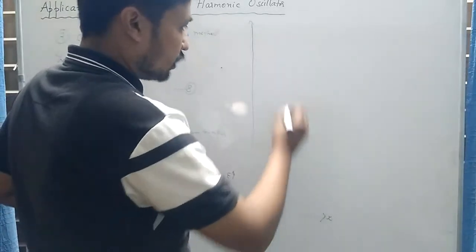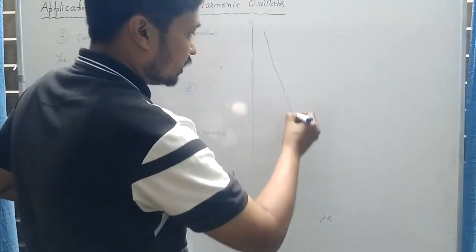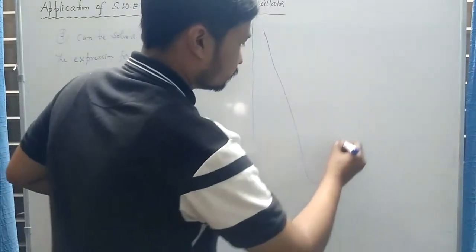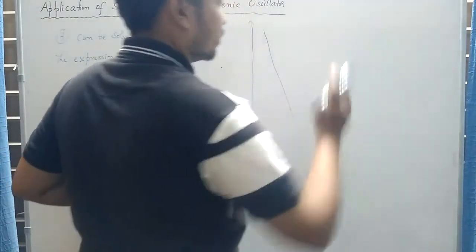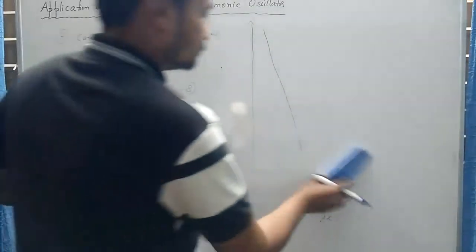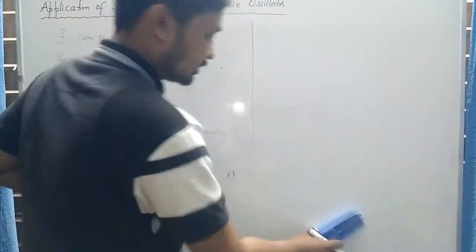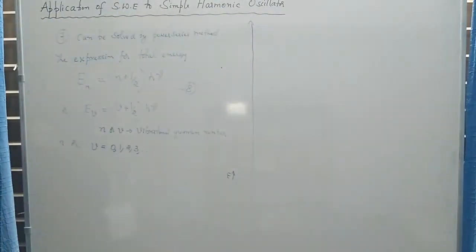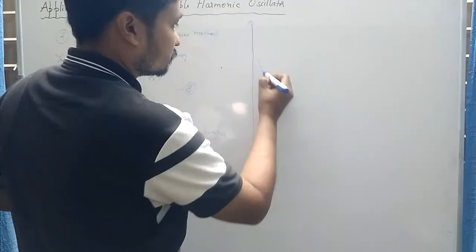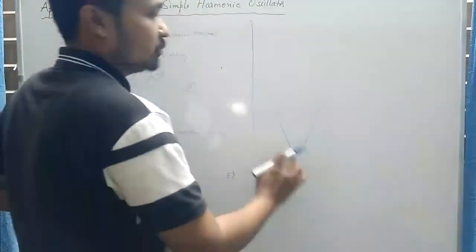In the background, I will plot the potential energy curve. I will not take so much space because I have to plot two graphs. So this is the background.